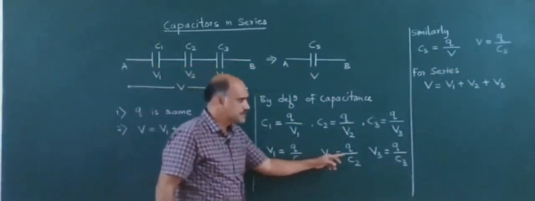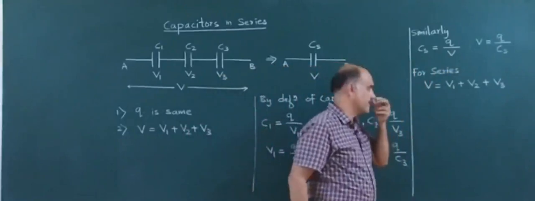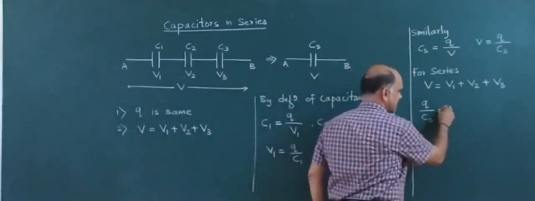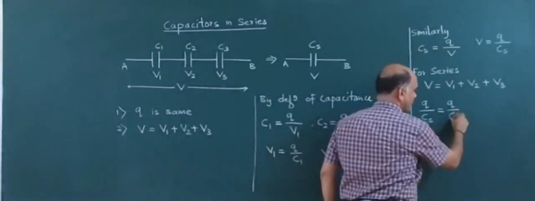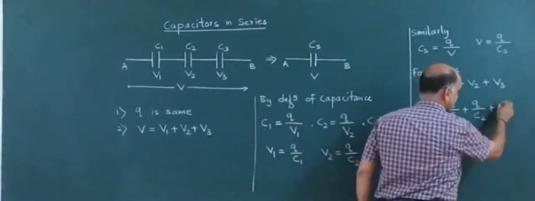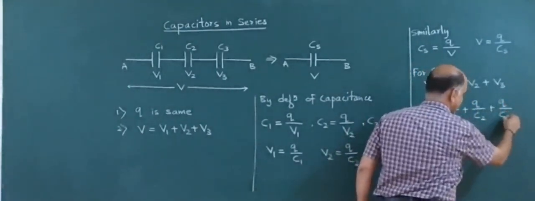Now I will substitute all these values. So I will have Q by CS is equal to Q by C1 plus Q by C2 plus Q by C3.